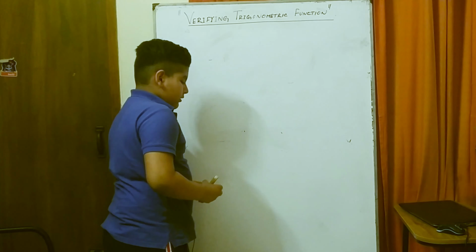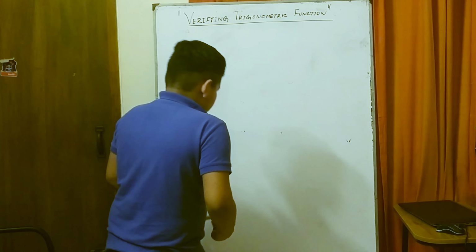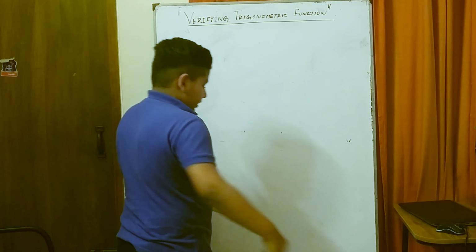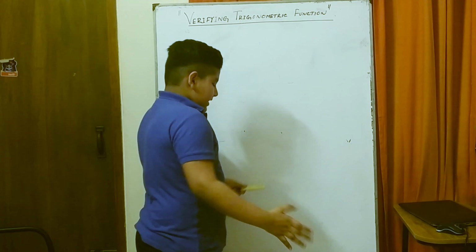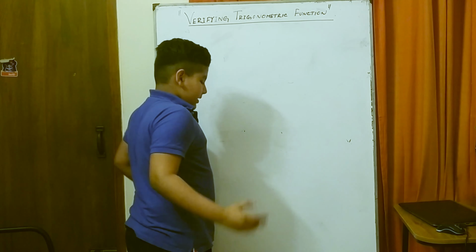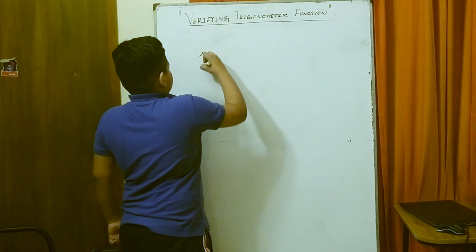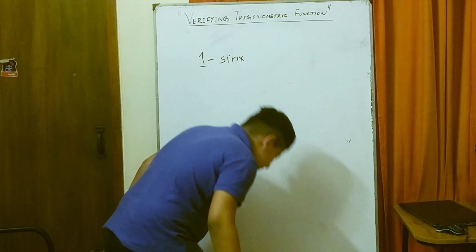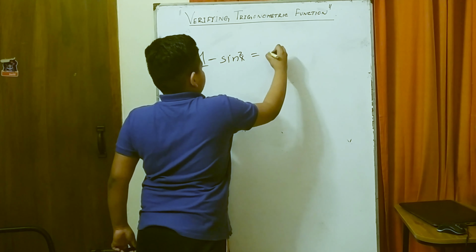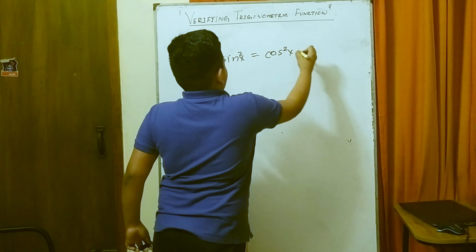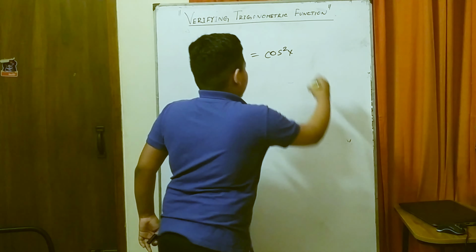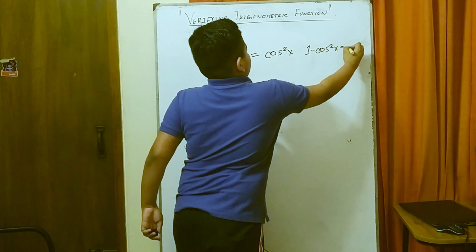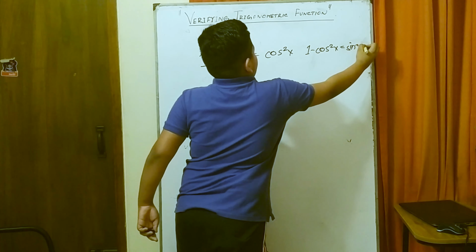We learned strategy 1, that is to express functions in a different form, like the fraction form. Second is to use the Pythagorean identities, such as 1 minus sine squared of x equals cosine squared of x, and 1 minus cosine squared of x equals sine squared of x.